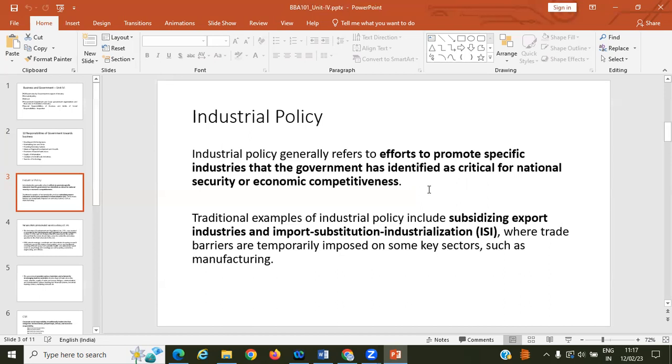So government is promoting or making different rules and regulations on how industry is going to incorporate in our country. For example, government is promoting privatization and promoting liberalization. You will understand what is privatization, what is liberalization, what is globalization. So these things are there in this chapter.